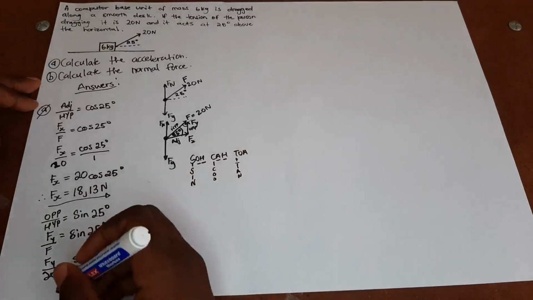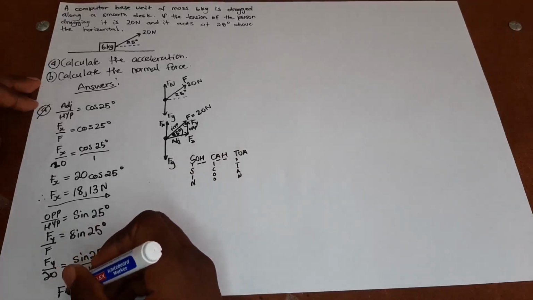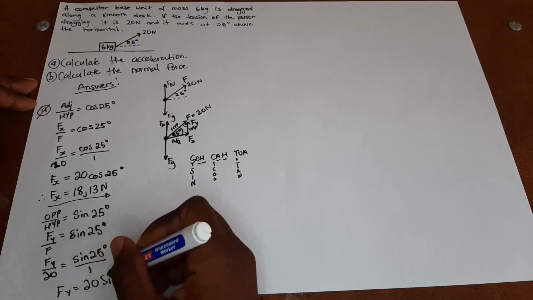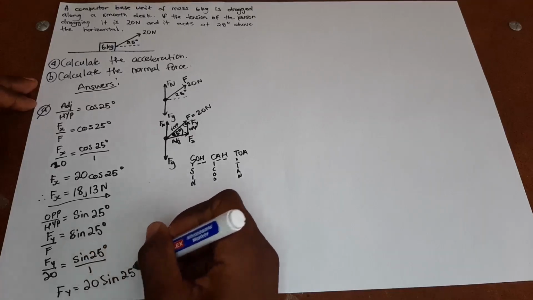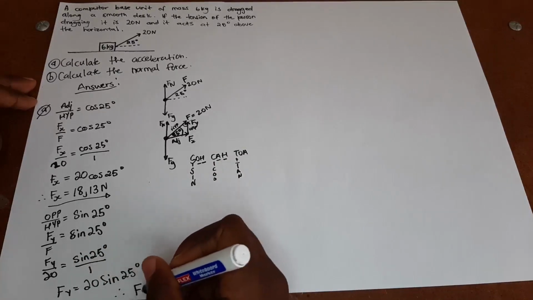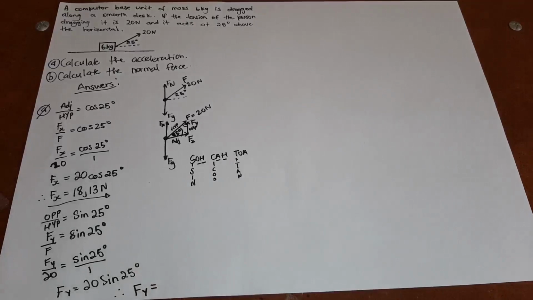Let's cross multiply to get our Fy. Our Fy is equal to 20 sine 25 degrees, and therefore our Fy is equal to what? Press on your calculator, 20 multiplied by sine 25.